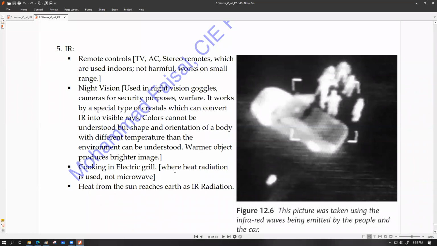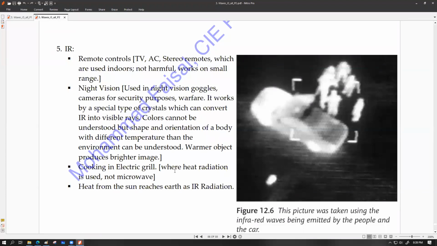Night vision basic idea is very much like UV light. I mean, the material which is called a fluorescent material can convert the UV into visible light. Similarly, there are some certain other materials which can convert the infrared light into visible light. If you make some goggles or make some camera lenses using that material, which can convert infrared into visible light, you get night vision. So now you're trying to detect the location of an object by the amount of heat they are radiating, not essentially by visible light, because our eyes are sensitive to the visible light spectrum, so we cannot see any of the other spectrum.